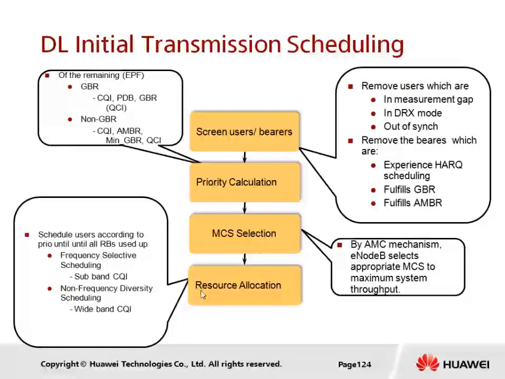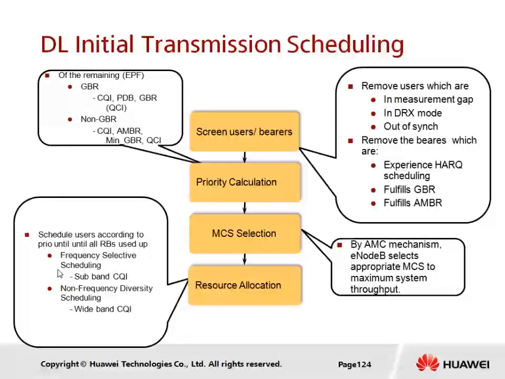Then once the users have been selected and priority has been set with the modulation and coding scheme, the resource has to be decided, where the user could be sending subband CQI or wideband CQI. Then this is going to affect the resource blocks which are allocated for the user.